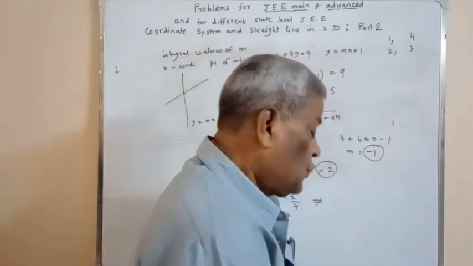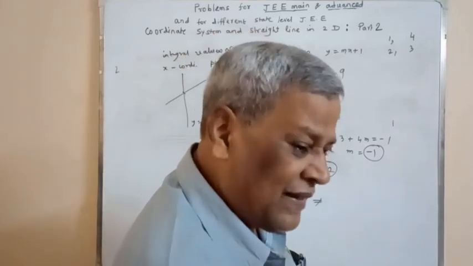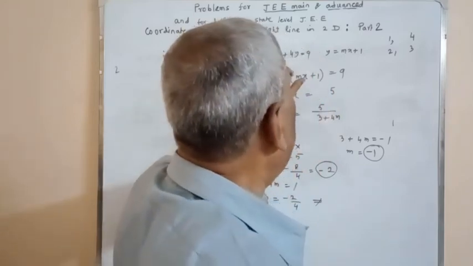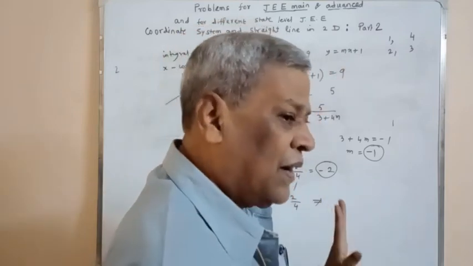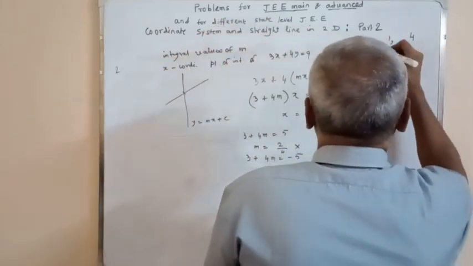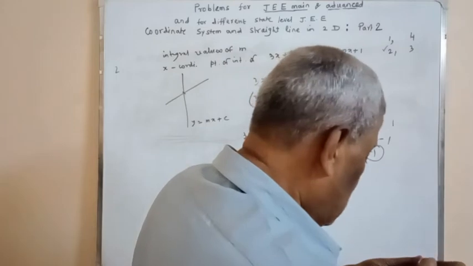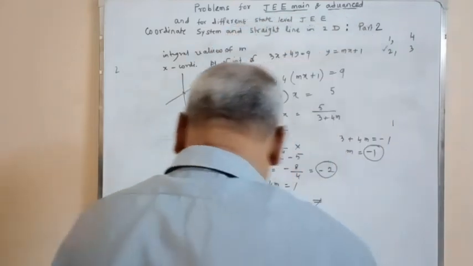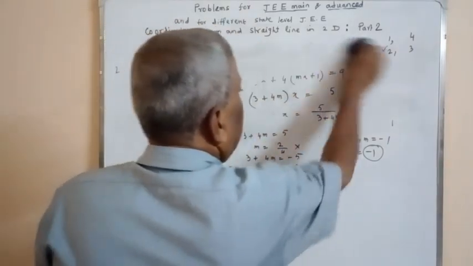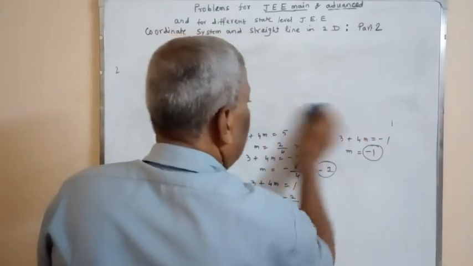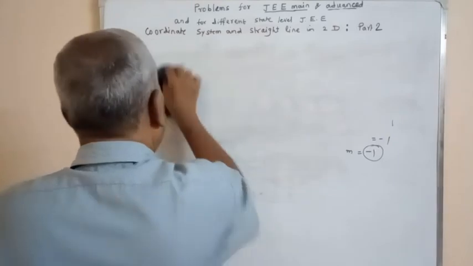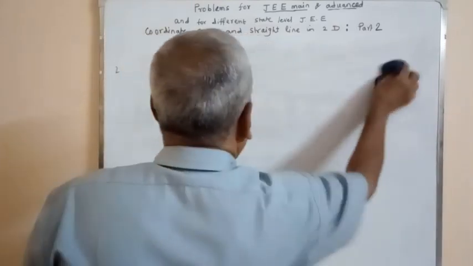So there are two integral values of m so that the x coordinate of the point of intersection of this and that is also an integer. So our answer is option 2. I mean, it is option C. Next, problem number 3 now.